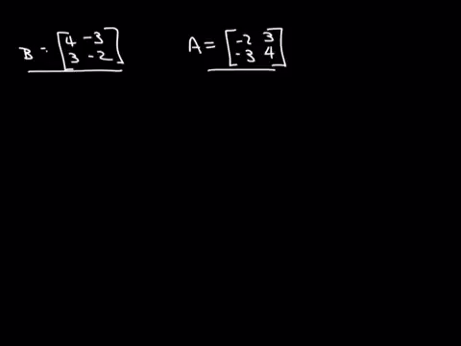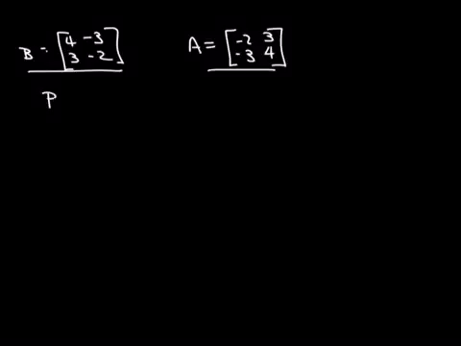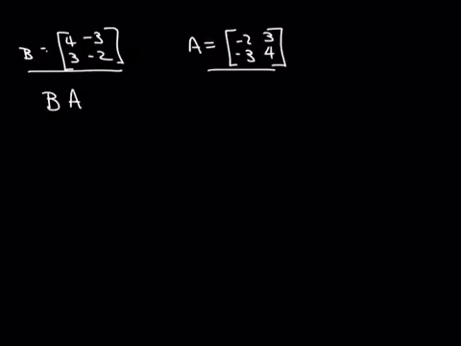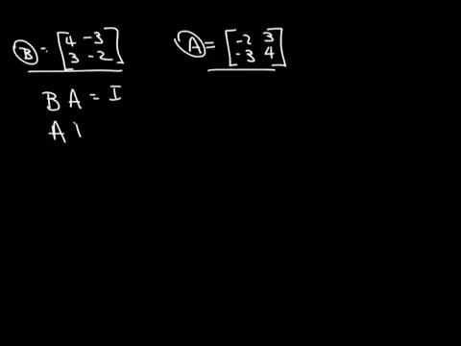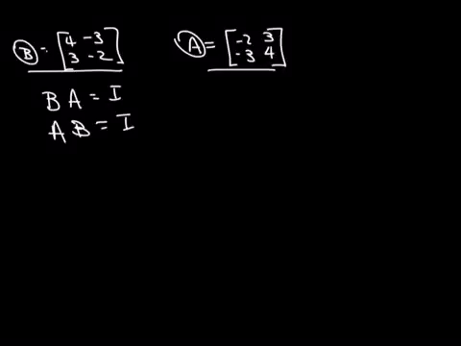Well, we follow the instructions in the middle of page 483, and basically we take B times A, because if B is the inverse of A, then if we multiply them together, we should get the identity matrix. And if we take A times B, we should also get the identity matrix. So we have to do both of those in order to find out if that's true.